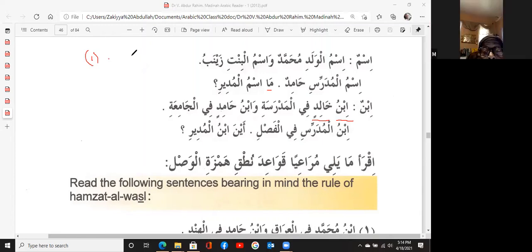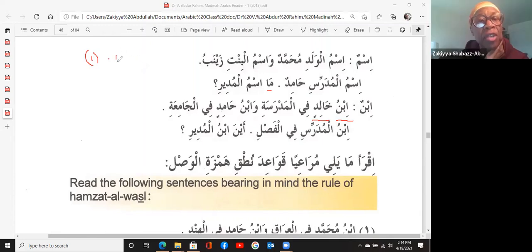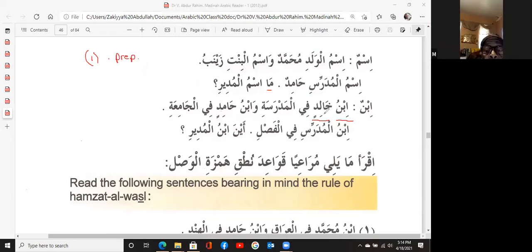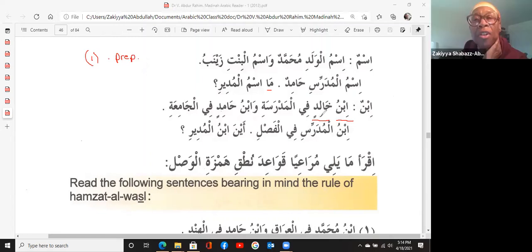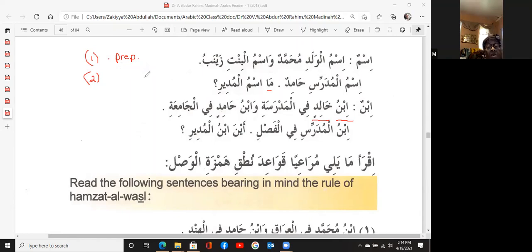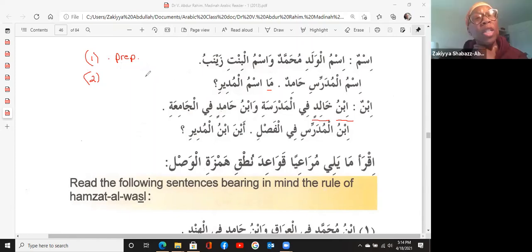Preposition. Good. So that is your very first one that you know. The object of the preposition is in the genitive case. But there is no preposition in the front of this word, right? So we know we're not dealing with that one. So the second one tells you that the second word will be in genitive case, if it's a what?